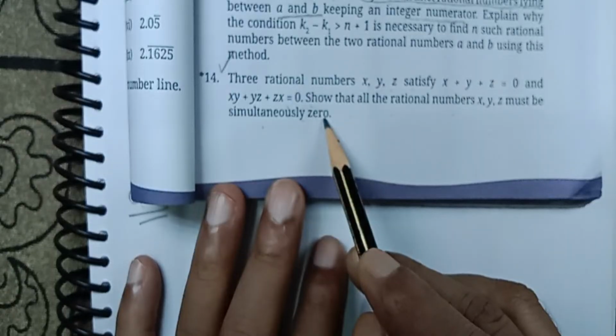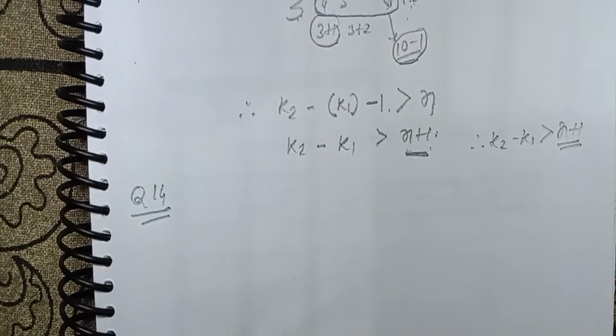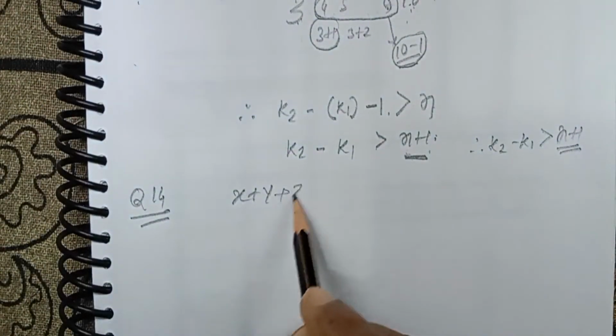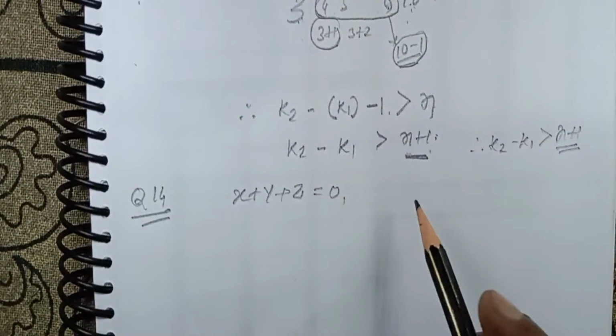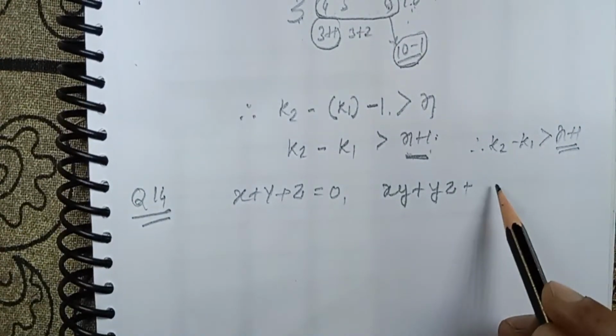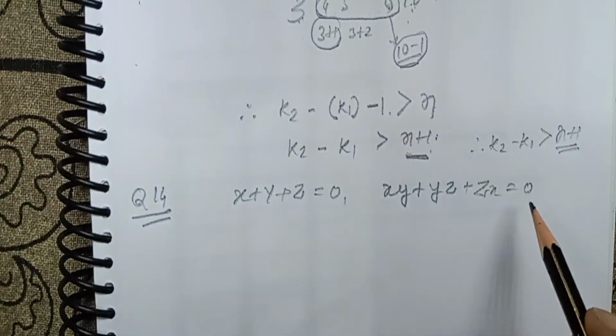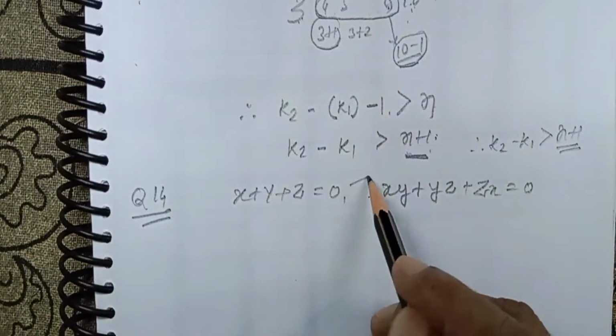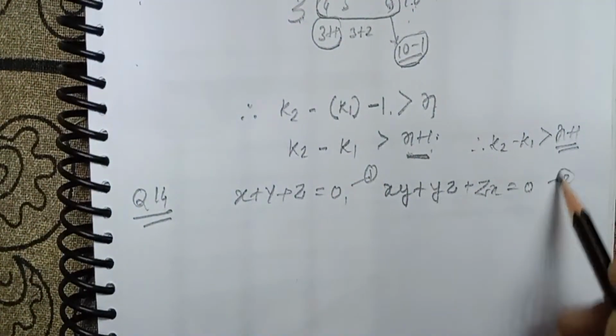Okay, so we have to show this. It is given x plus y plus z equals 0 and also xy plus yz plus zx equals 0. So this will be the first equation and this one is the second equation.